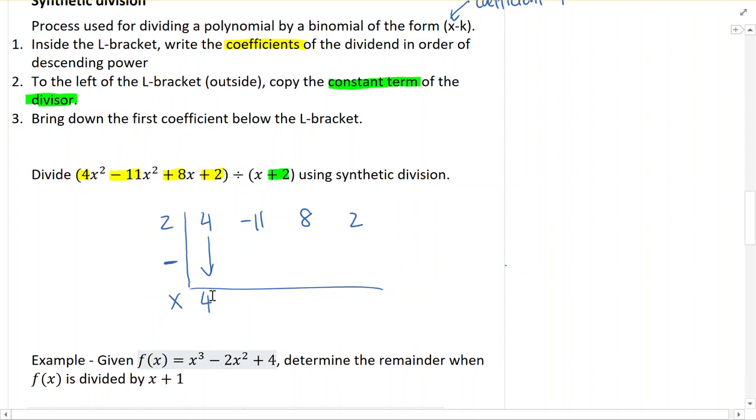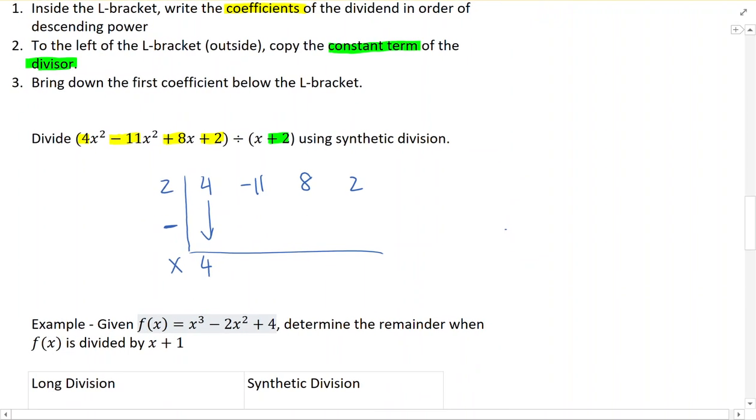So multiply with the numbers below and write the numbers inside, subtract, multiply. Anyways, you'll see how it goes. So first, 2 times 4 gives us 8. Negative 11 minus 8 gives us negative 19.